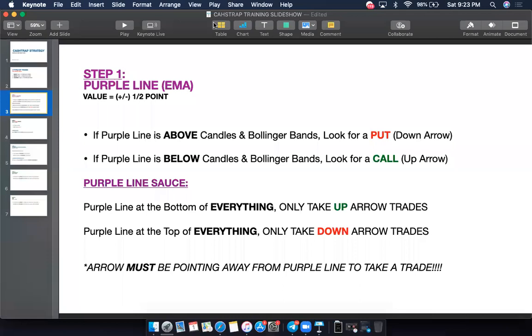What we realized is that the trades we were losing were the ones where we took trades with the arrow pointing directly towards the EMA line. So when the purple line is at the bottom of everything, meaning below the candles and below the Bollinger Bands, only take up arrow trades.